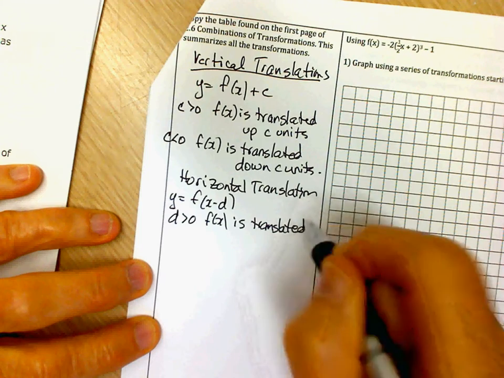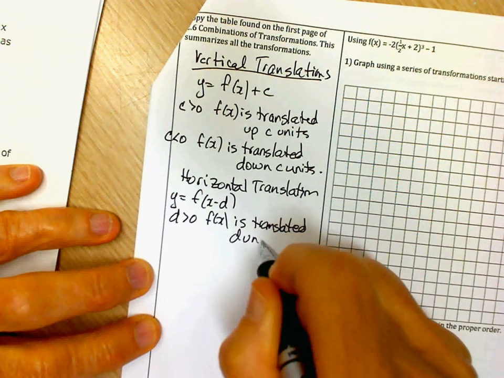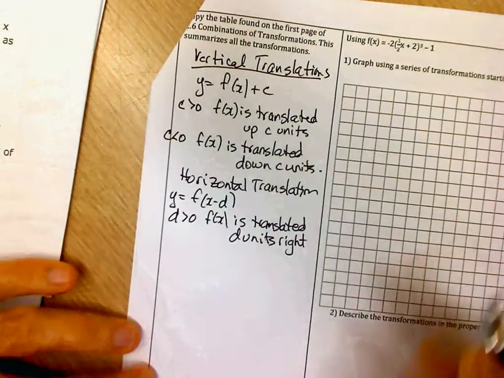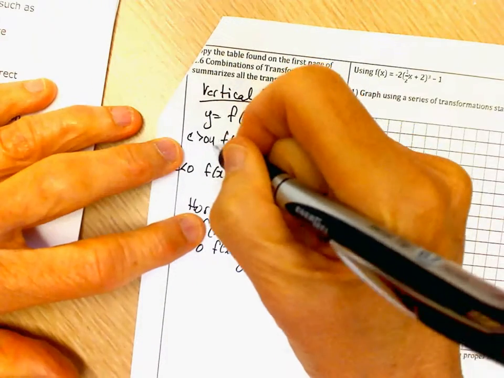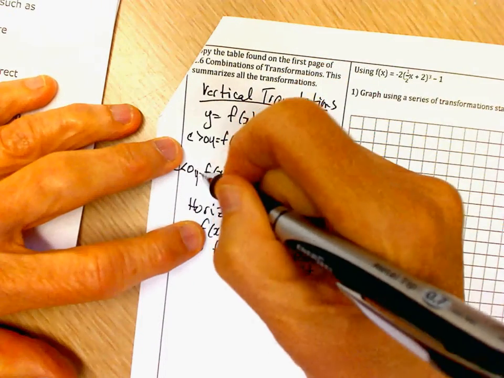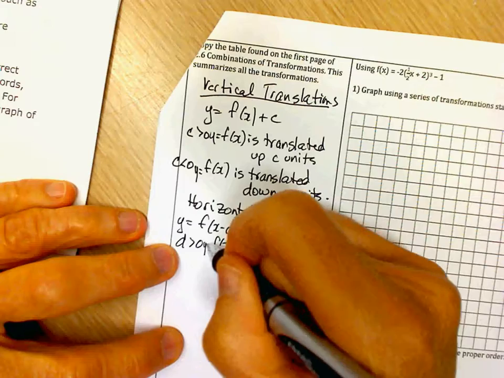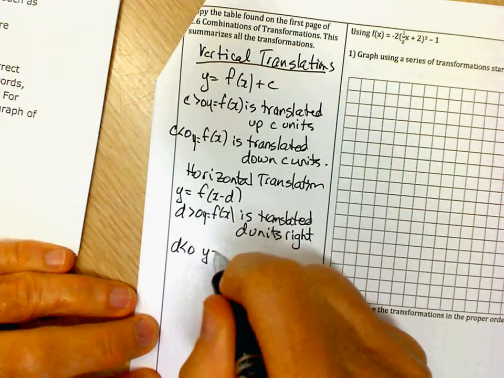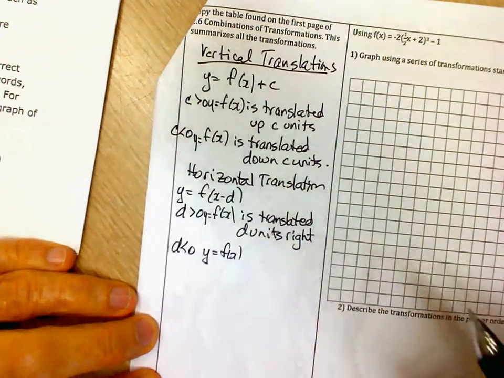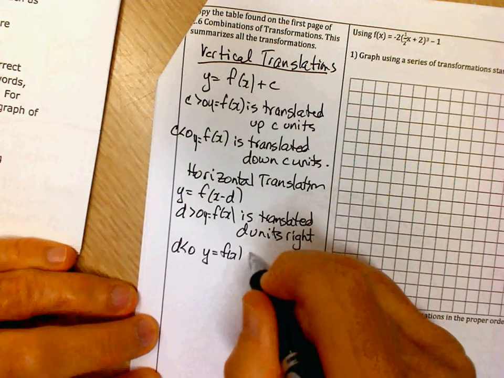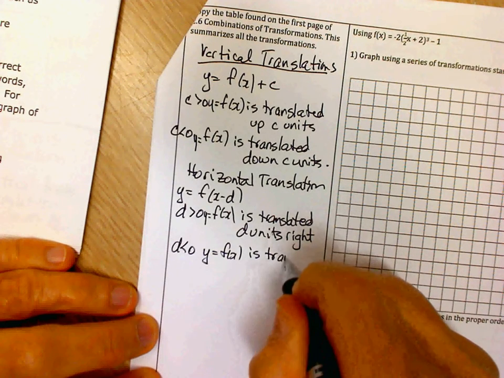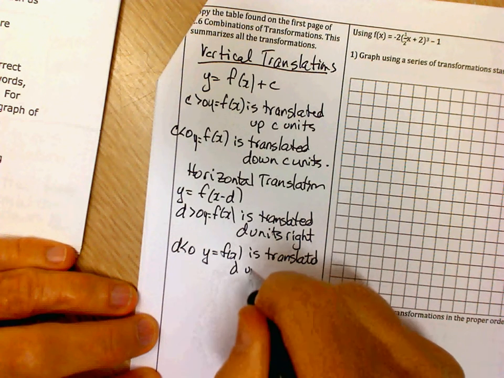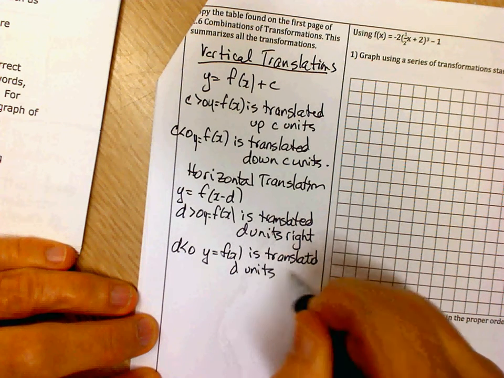If d is less than 0, y equals f of x is translated d units left. Okay, that's horizontal.